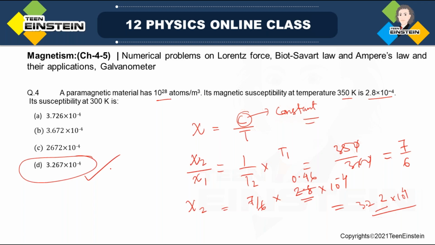So this will be the correct answer. If you do the calculation properly, you may get the whole factor like this: 3.267 into 10 to the power minus 4. So that decimals may come if you do the calculation clearly.